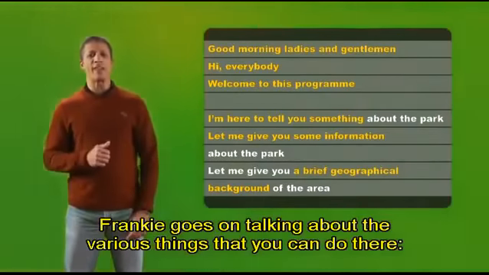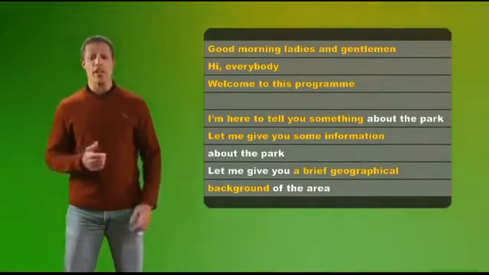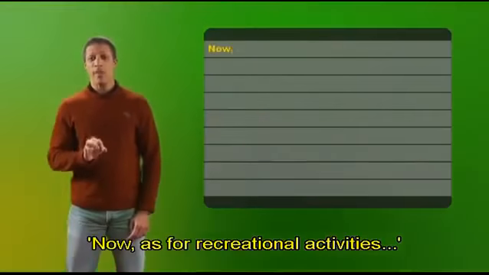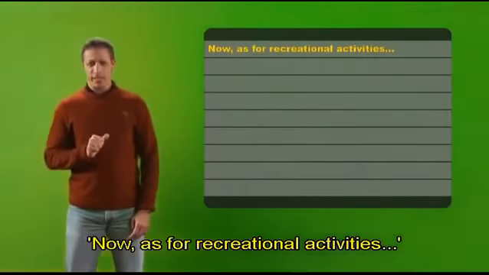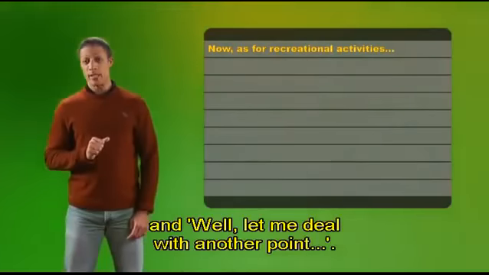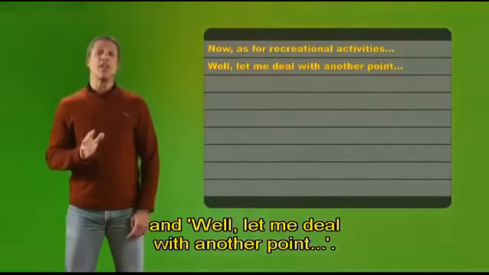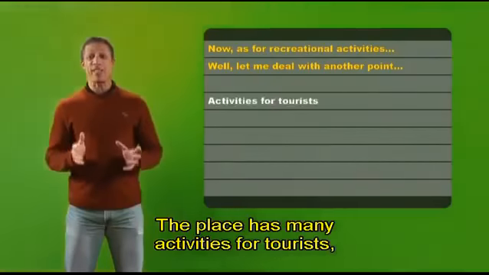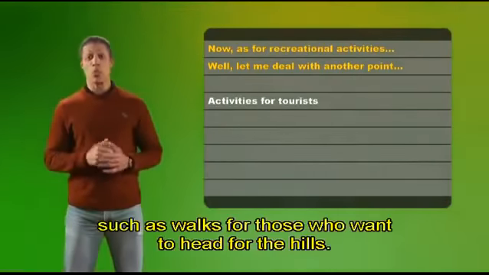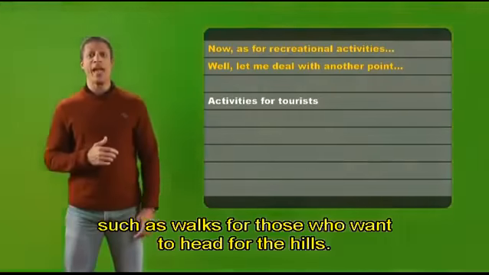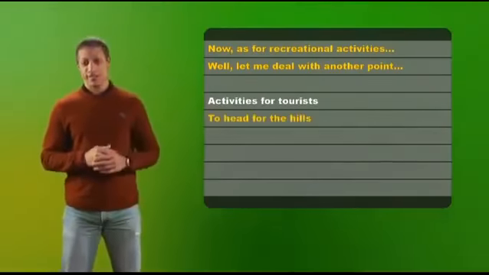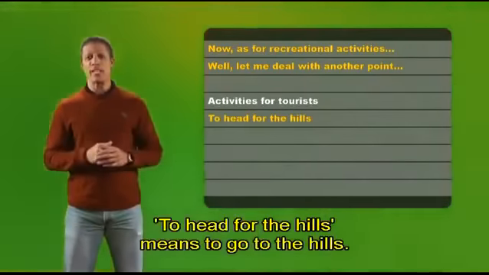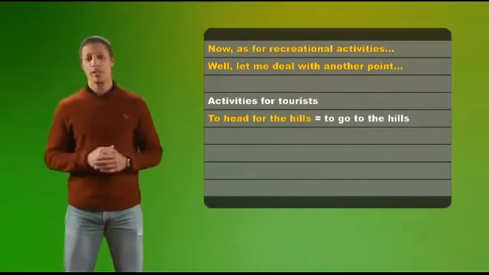Frankie goes on talking about the various things that you can do there. Now, as for recreational activities, well, let me deal with another point. The place has many activities for tourists, such as walks for those who want to head for the hills. To head for the hills means to go to the hills.